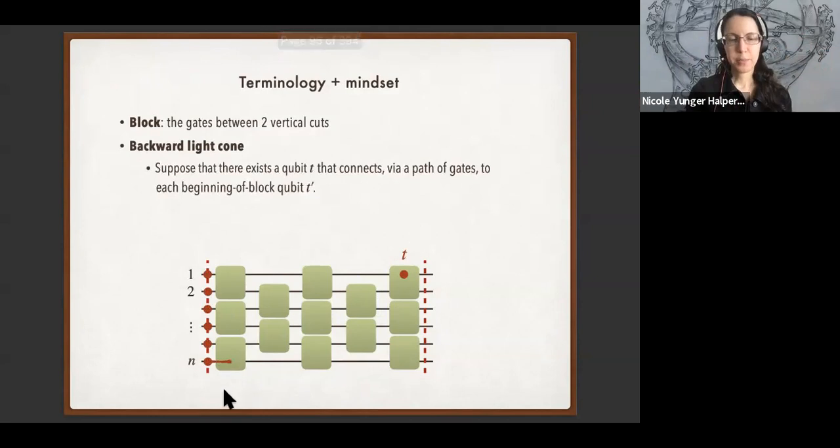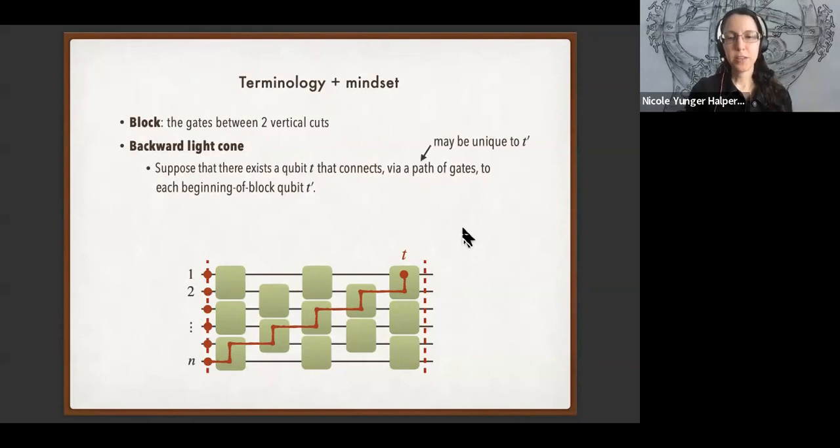For example, this qubit down here enters this gate through which it couples to this qubit, which enters this gate and so couples to this qubit, and so on and so forth until this final qubit links up to this first qubit, which I'm calling T. So there is such a path from this qubit to each of the qubits, and that path might be unique to that other qubit.